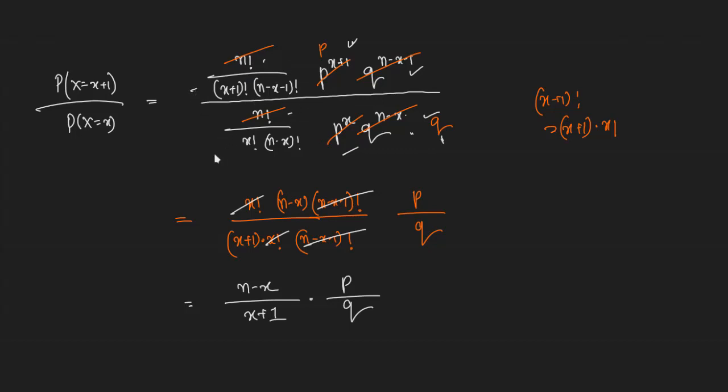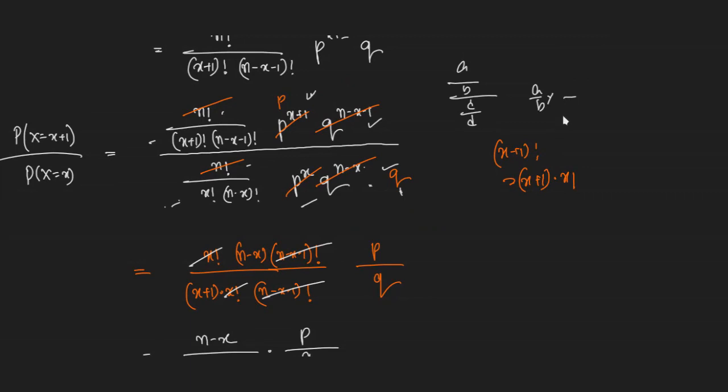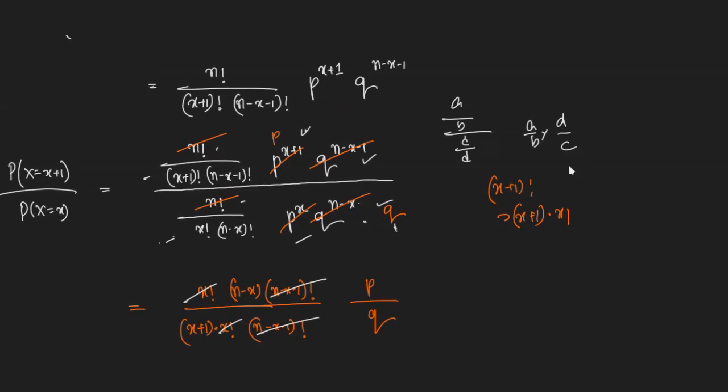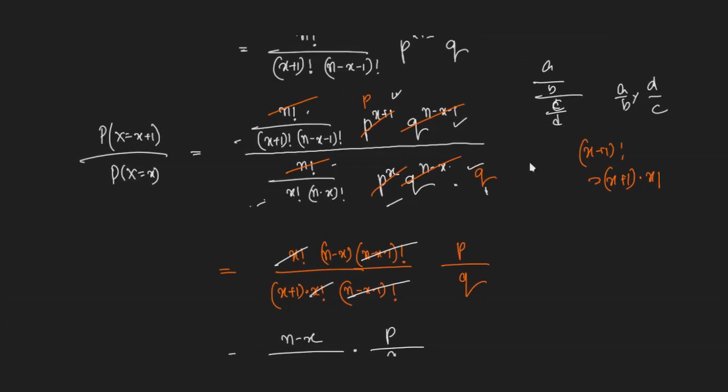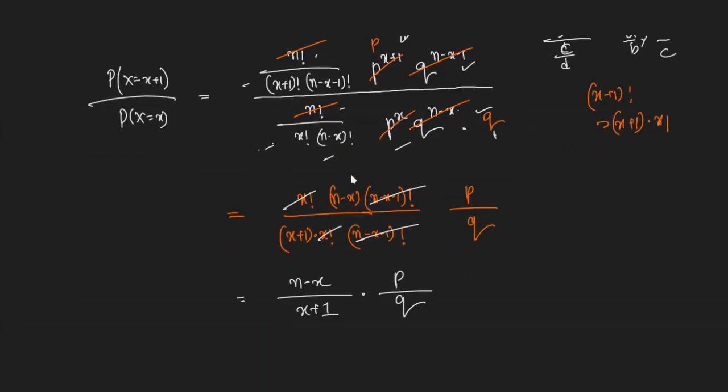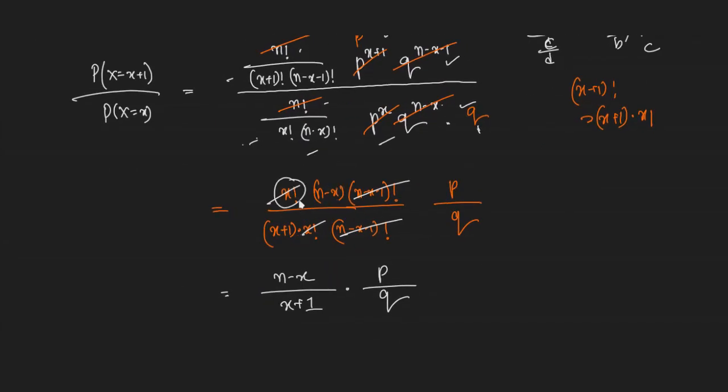Whatever is at the bottom always goes to the top. So AB divided by CD is A by B into D by C, which is A by B by C by D. So the concept is that the lower terms go to the upper side: x factorial and n minus x factorial.